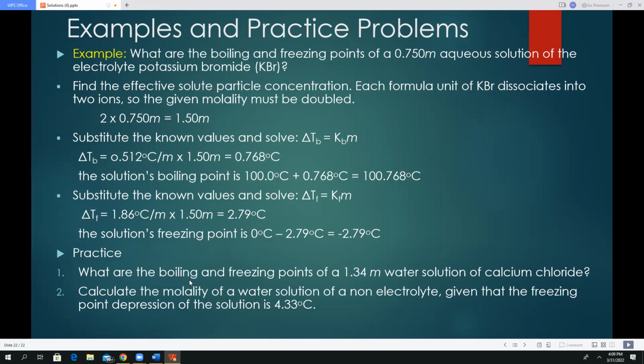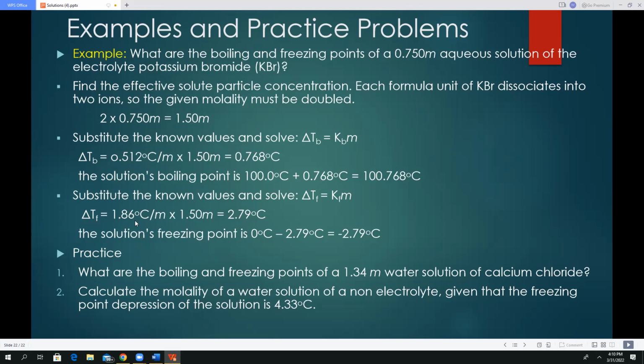Right, so to depress it, that is the other number, which is 1.86. So the constant is 1.86 Celsius per molal, right?